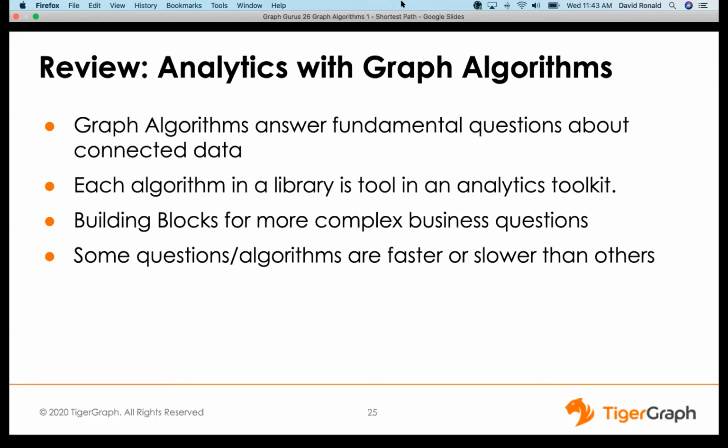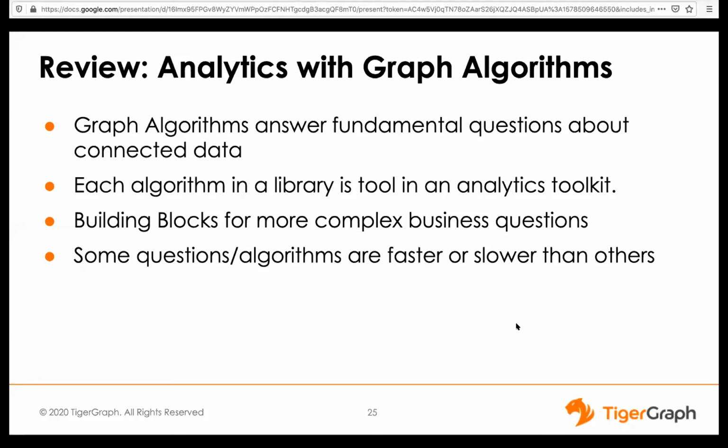That's just efficiency of software in general. So TigerGraph is the highest performance platform in a lot of cases, but we cannot break the laws of physics, or the fundamental laws of mathematics. Betweenness centrality will always be a slow algorithm on very large graphs. So that's another thing you need to know as a smart practitioner.